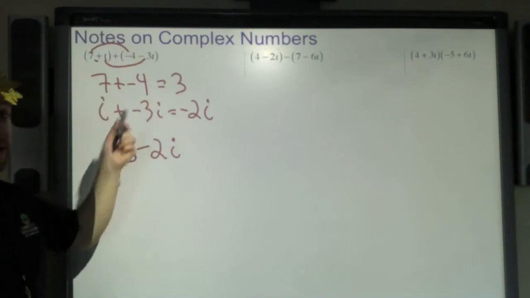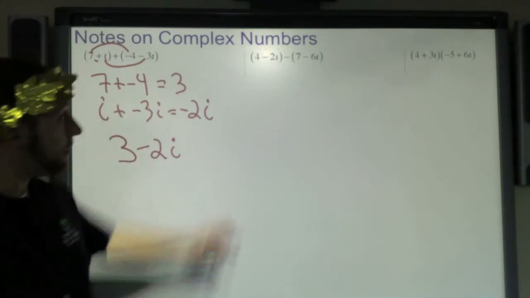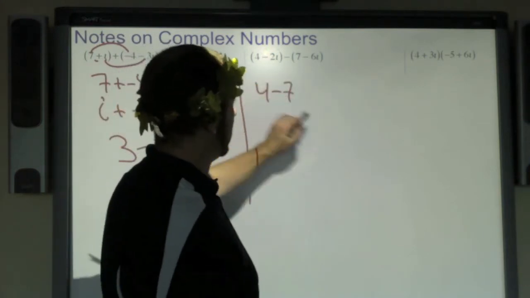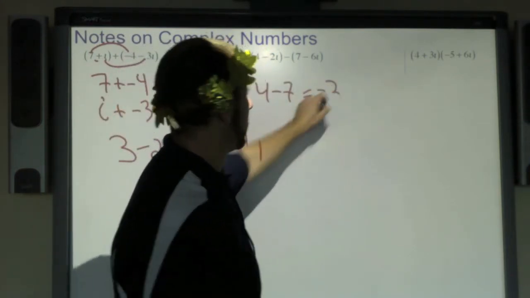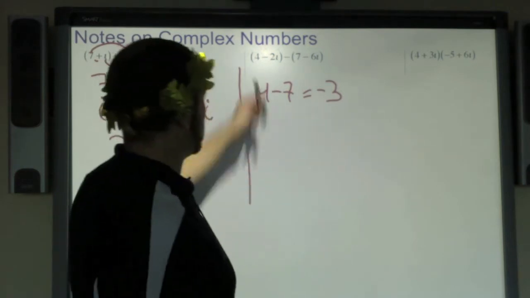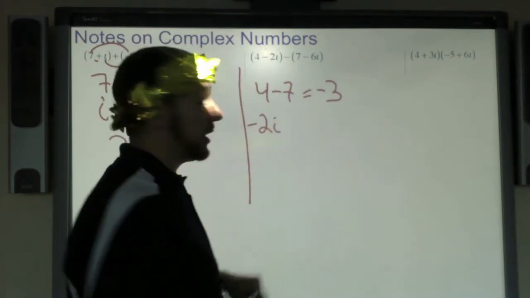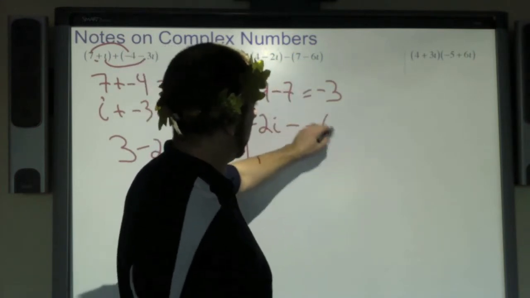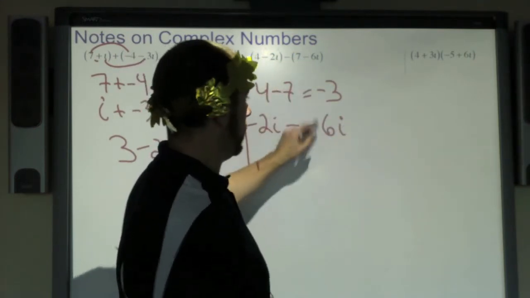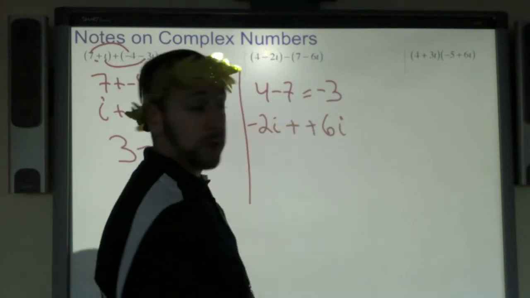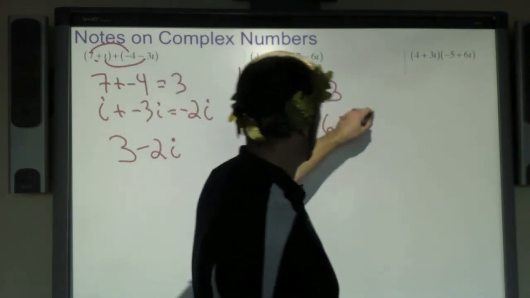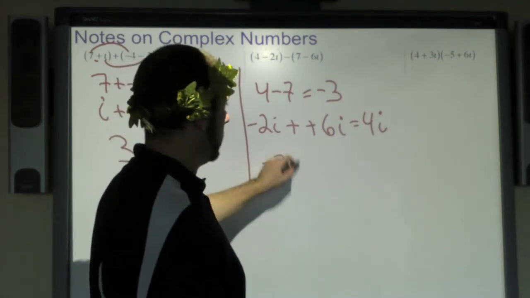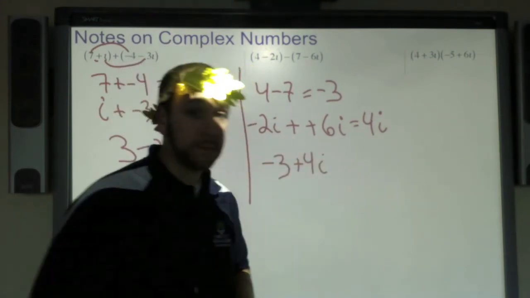A lot of people can do that without even writing it out. Here, for subtracting, I do the same thing. 4 minus 7 equals negative 3. The trick is, here, this is negative 2i minus a negative 6i, which these double negatives become a plus, so I'm left with 4i. So my answer is negative 3 plus 4i.